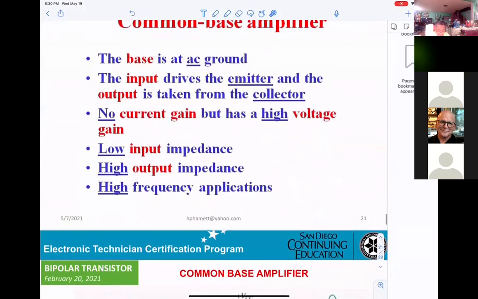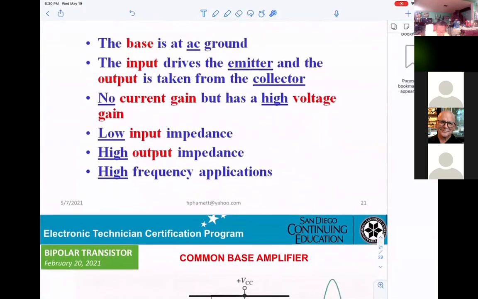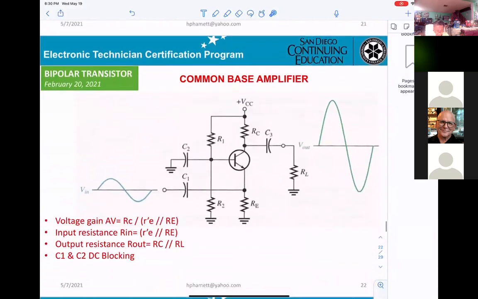Last one, common base. Base at ground. Input drives the emitter and the output is taken from the collector. No current gain, but it has a high voltage gain, low input impedance, high output impedance. Okay, high frequency application.